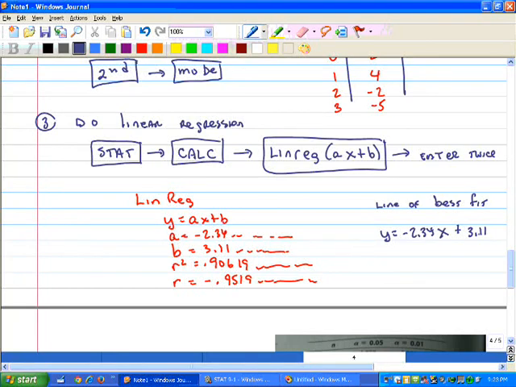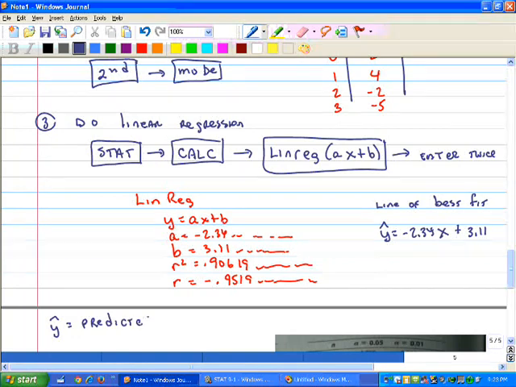So in this case, y equals negative 2.34x plus 3.11 is the line of best fit. Your book denotes this with y hat instead of just y. The reason for that is we use y hat for the predicted y value. And since we're going to use this equation to predict y values for given x's, we're going to use y hat.